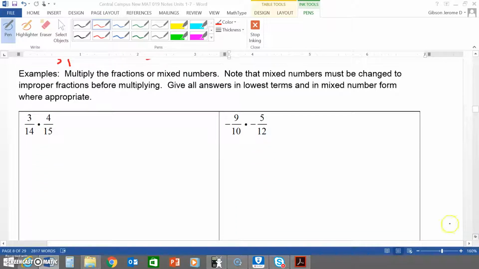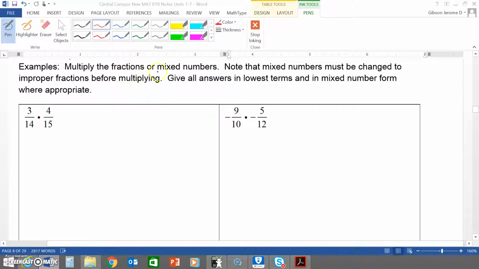Now we go down here to examples. It says multiply the fractions or mixed numbers. Note that mixed numbers must be changed to improper fractions before multiplying. Give all answers in lowest terms and in mixed numeral form where appropriate. Now, when they ask you to put this in lowest terms and in mixed number form when appropriate, there's only a couple situations where you actually need to put it as a mixed number.